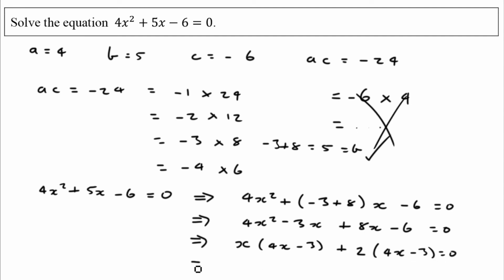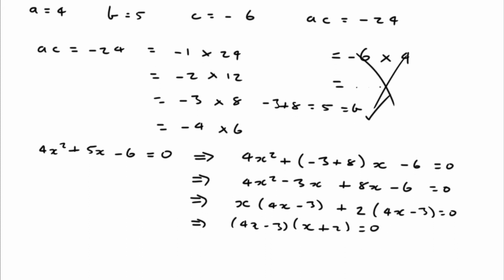And now we can see that there is a 4x subtract 3 in both pieces. If we factorize that out, we'll have an x plus 2 being 0. So therefore we have that either x is 3/4 or x is negative 2.